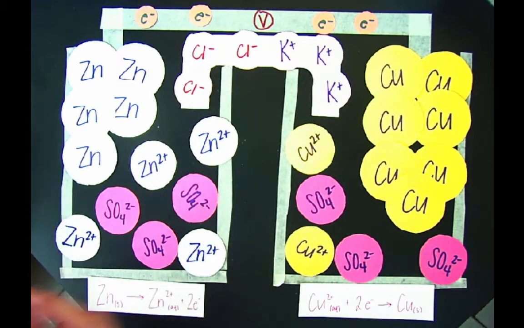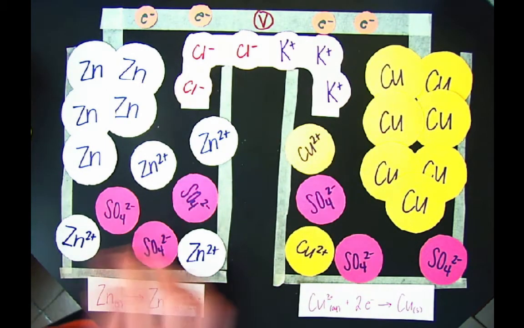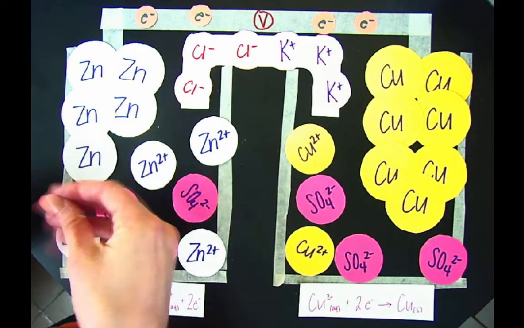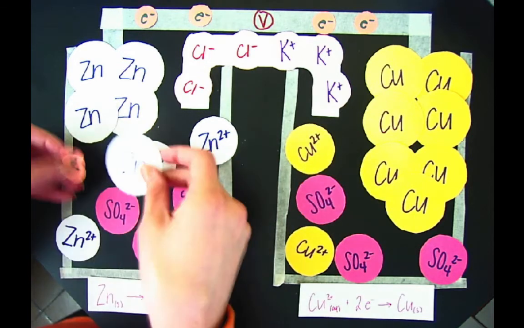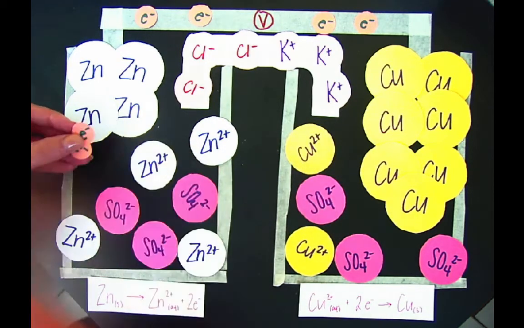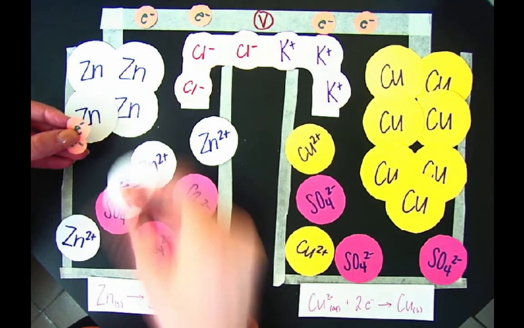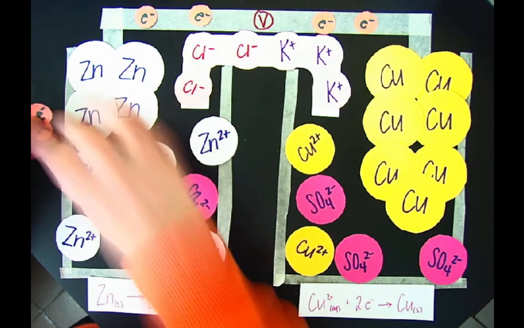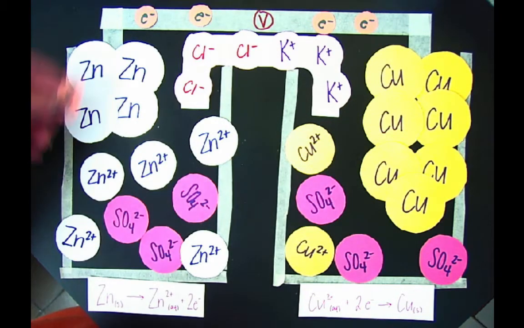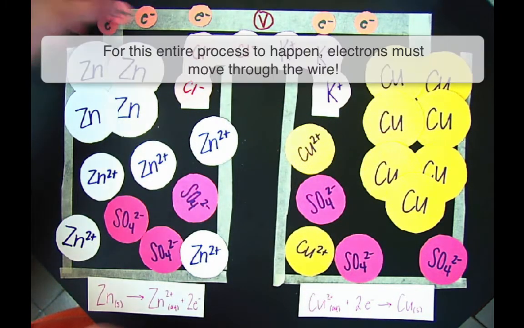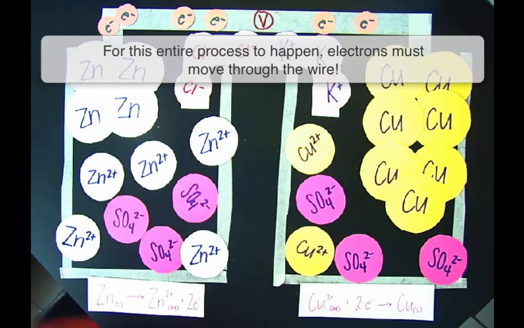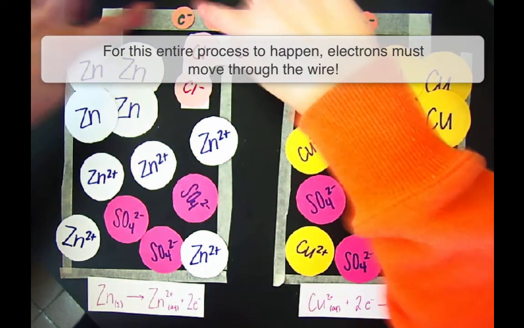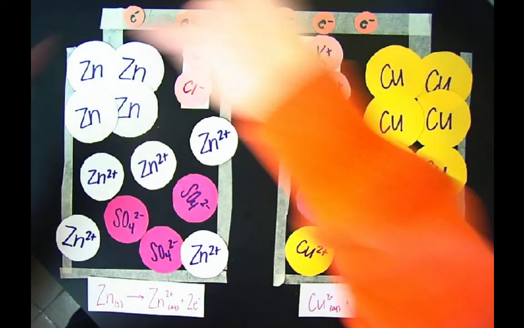If we look at this one more time, 2 electrons will be lost by the zinc electrode. When the zinc loses the 2 electrons, it becomes Zn2 plus, which goes into solution. The 2 electrons will move through the wire. This V just stands for voltmeter, which we can use to measure the voltage of this spontaneous reaction. The electrons will move through the wire; that's the only place the electrons move.